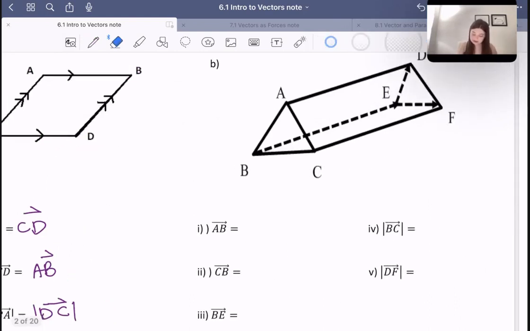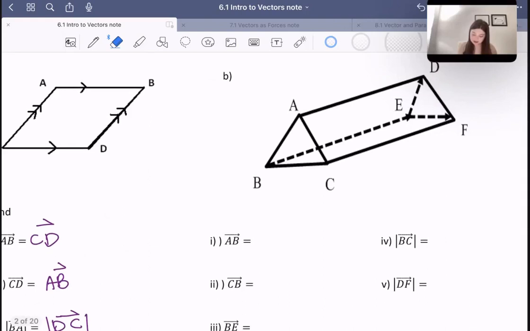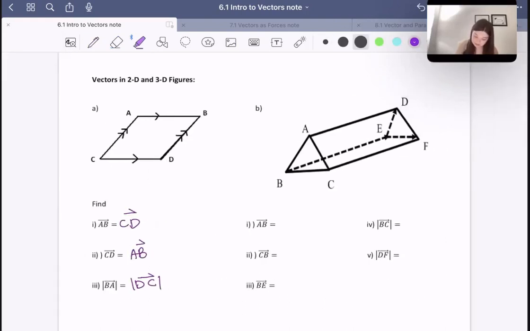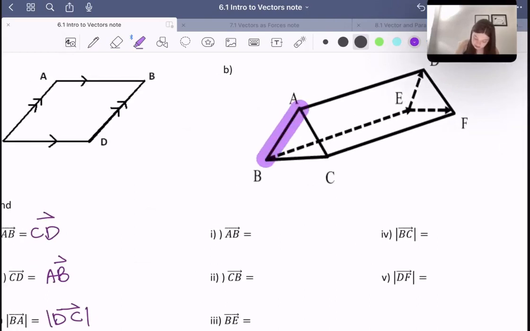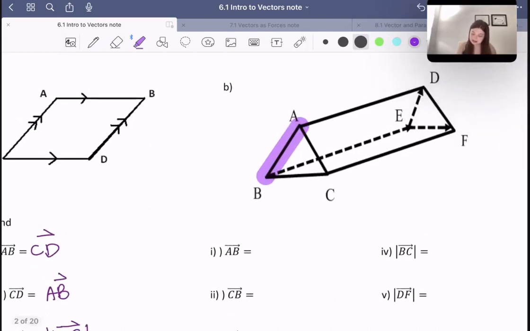Okay, let's try this next one that's a little bit trickier. The first one it says is AB. AB would be from here to here. Well, that's the same as DE. So I'm going to say that DE is my answer. What about the second one, CB? Okay, let's use a different color, here to here. Well, that's the same as F to E, right?